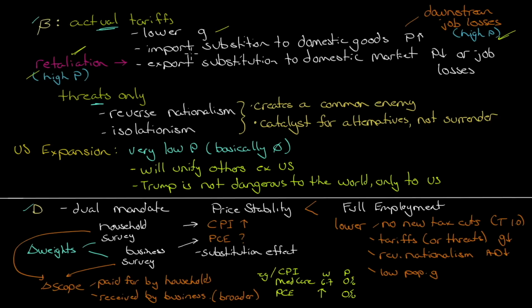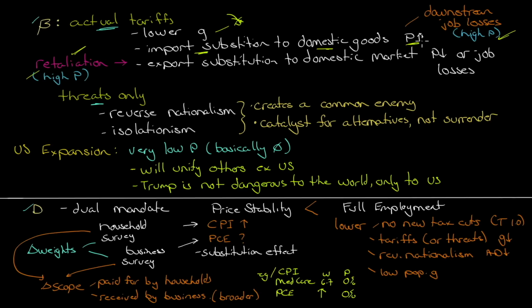There'll be import substitution to domestic goods because coming in will face a tariff. So, okay, let's not import, let's switch to domestic goods. That supports the price. So we see that if you look at COMEX and you look at the aluminum contract, it really went up. Even though the tariffs aren't there, prices are starting to increase in anticipation of the tariffs. You don't actually need a price increase to get an increase in prices.